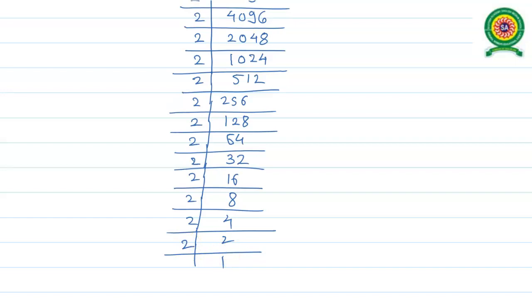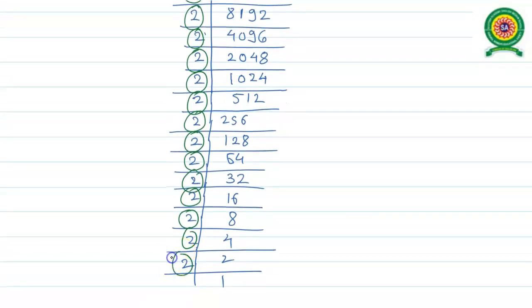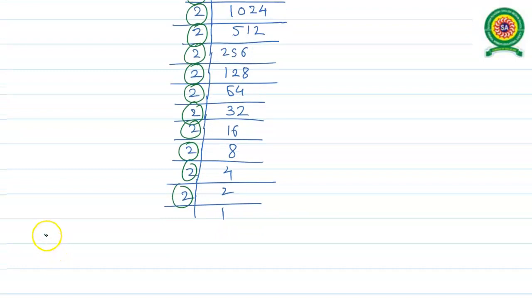So how many 2s were there? Count once carefully. We have all the 2s: 1, 2, 3, 4, 5, 6, 7, 8, 9, 10, 11, 12, 13, 14 and the last one is 15. So now we can express 32,768 as a multiplication of its primes.